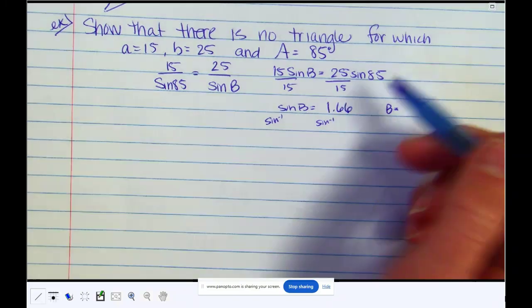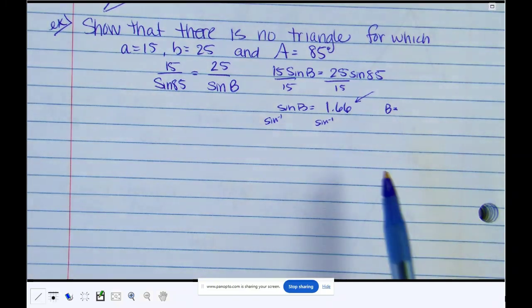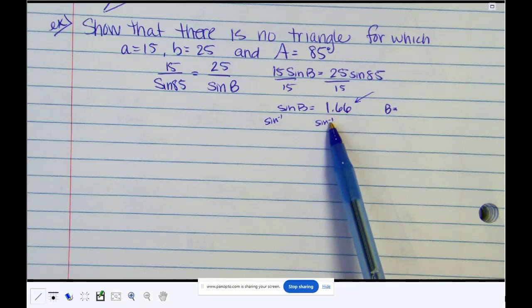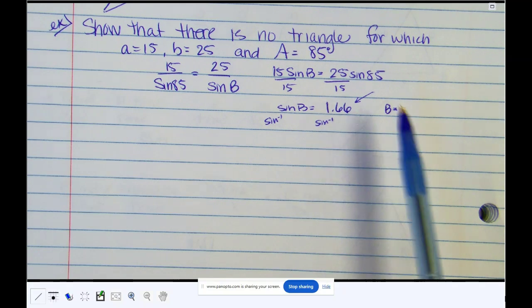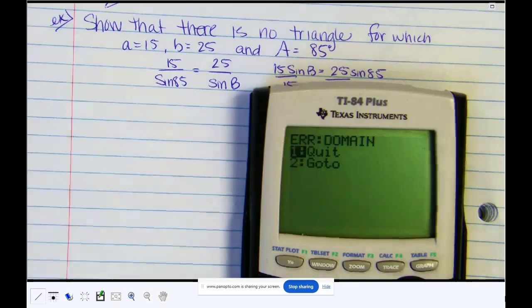So if you catch here that the sine can't be larger than 1, then you go, oh, sine can't be larger than 1. But if you don't catch it and you try sine inverse of 1.66, it'll give you a snarky answer on your calculator.